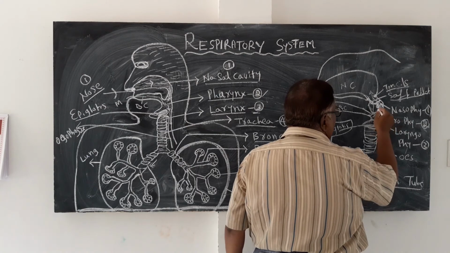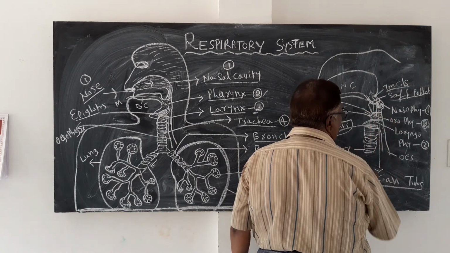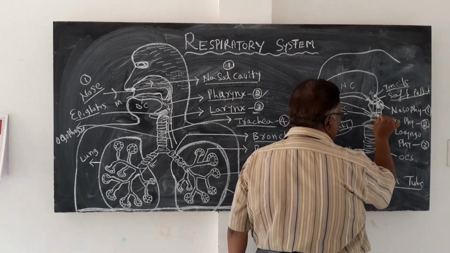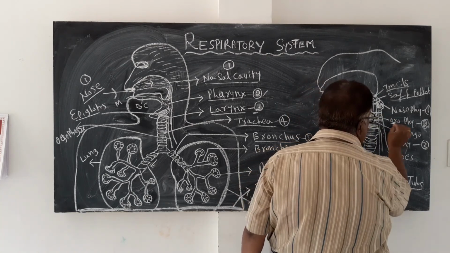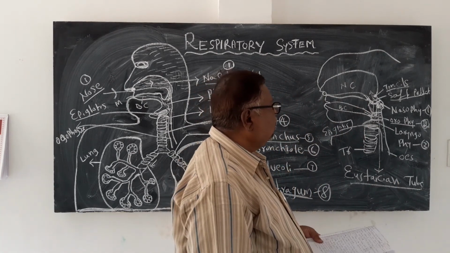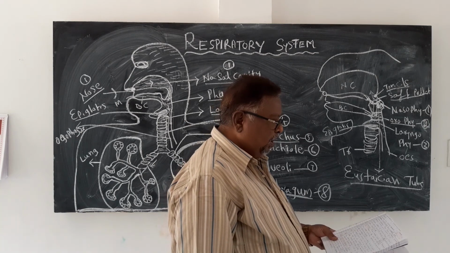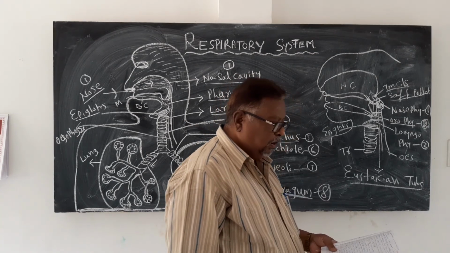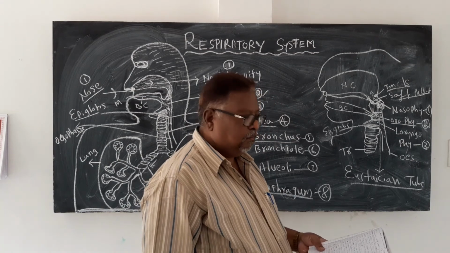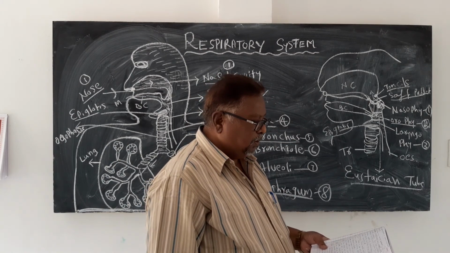Food also comes here, air also comes here. It is situated behind the oral cavity and communicates through the isthmus.